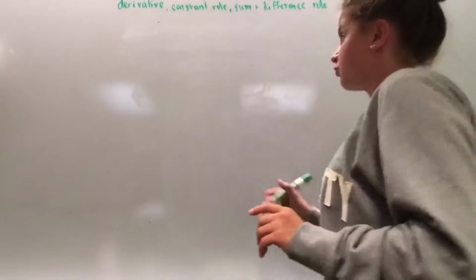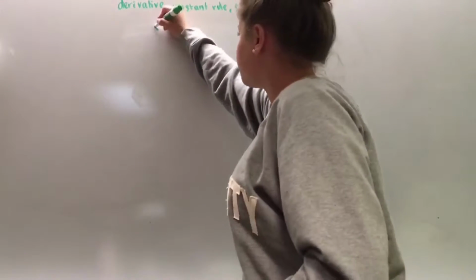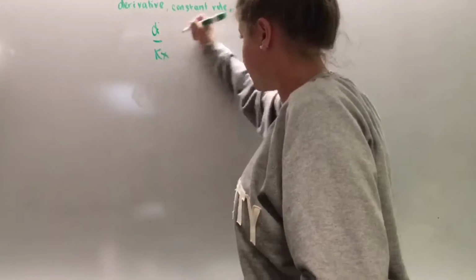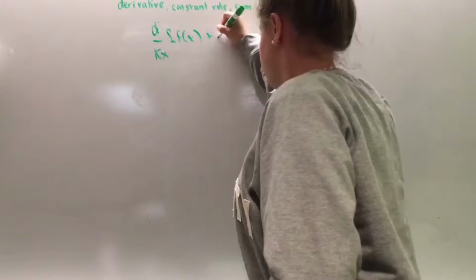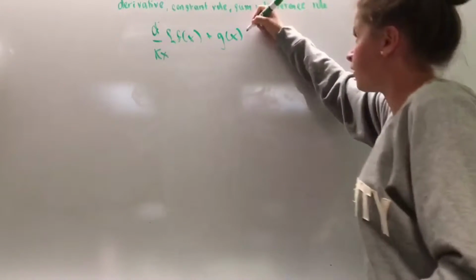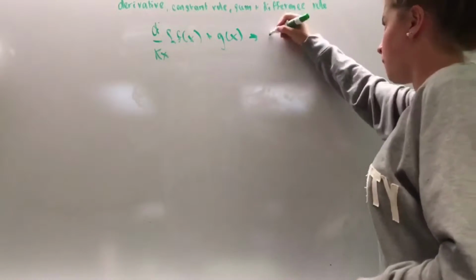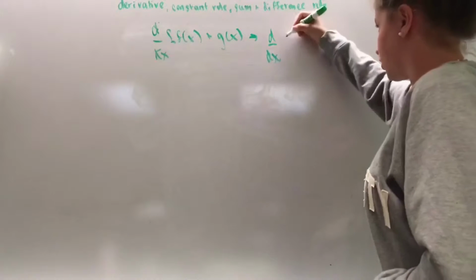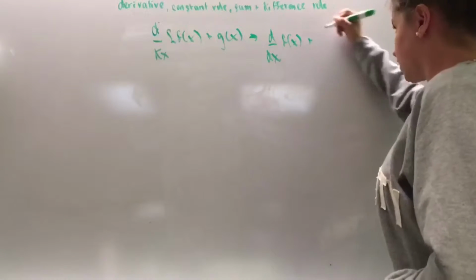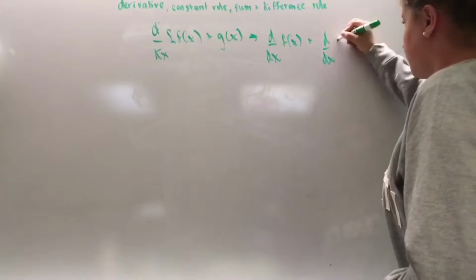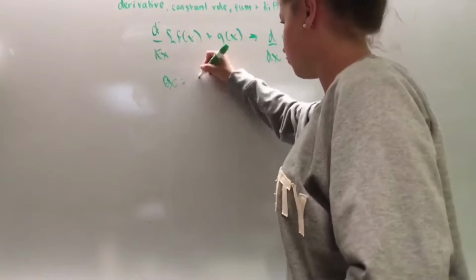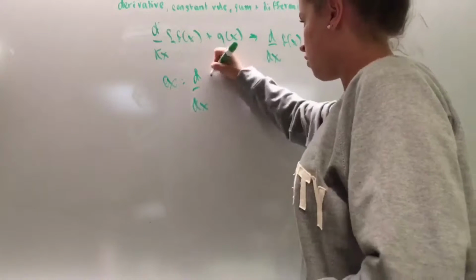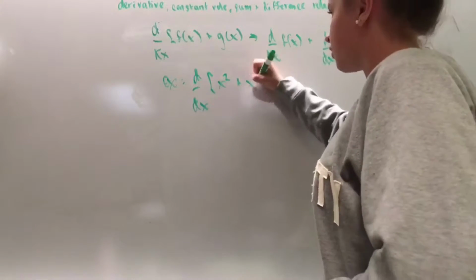The sum and difference rule is pretty simple. When you take the derivative of f of x plus g of x, you take the derivative of each term separately and add them. An example would be the derivative of x squared plus x cubed.